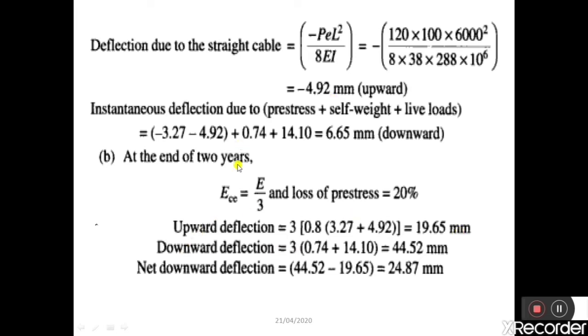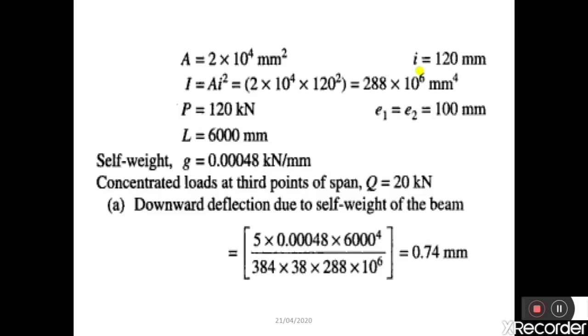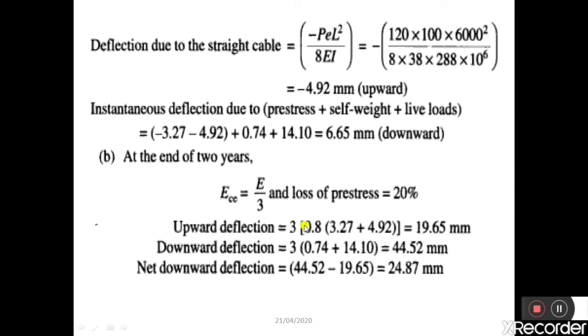So downward deflection, again we have this equation, so everything is same in downward deflection. So only the change is E. Young's modulus is 3 times the Young's modulus of that of during the transfer. So again 3 into 0.74 plus 14.10, that equals 44.52 mm.